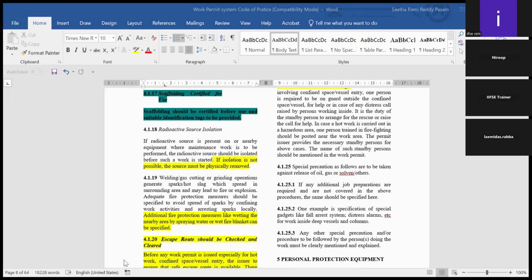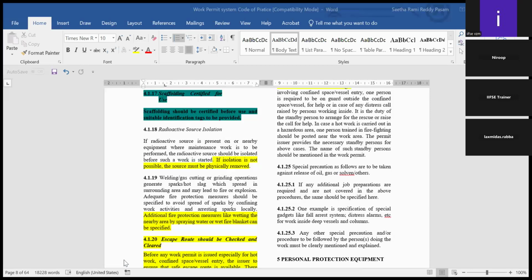They have all the checks. After complete checks, when he's satisfied, then he permits work there. Basically, they have three types of color-coded tags: yellow, red, and green.